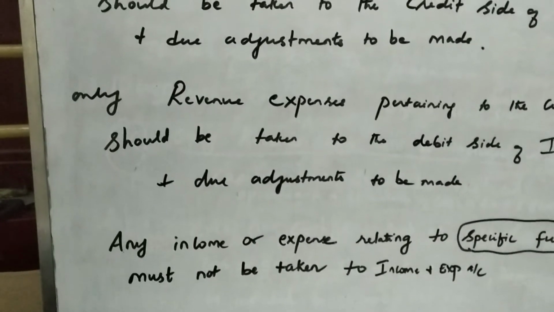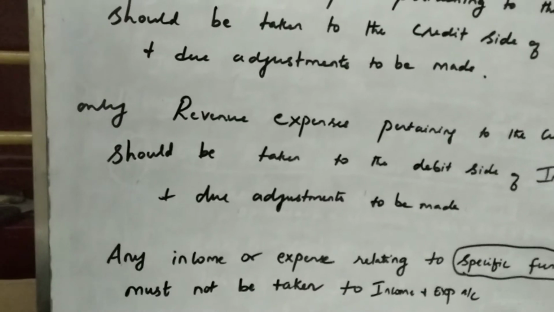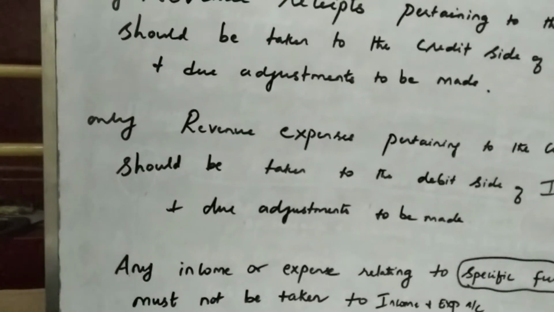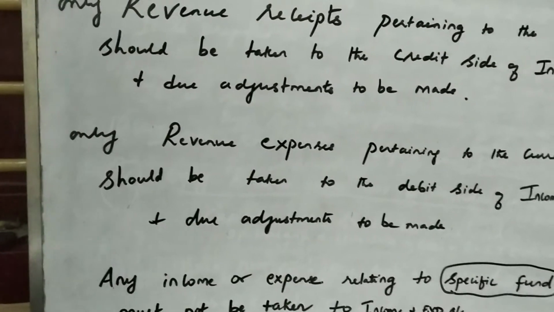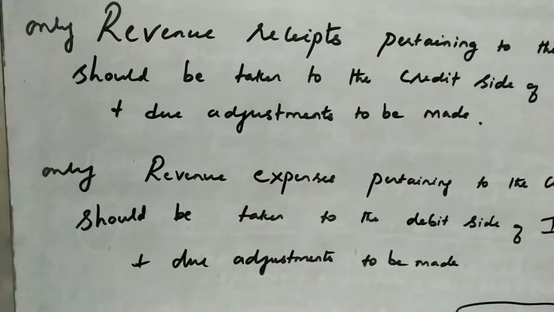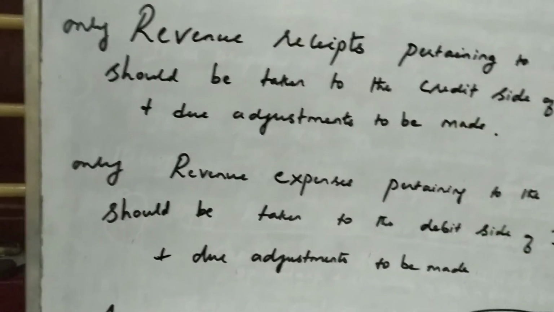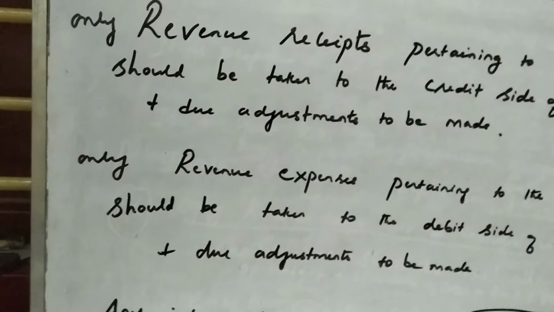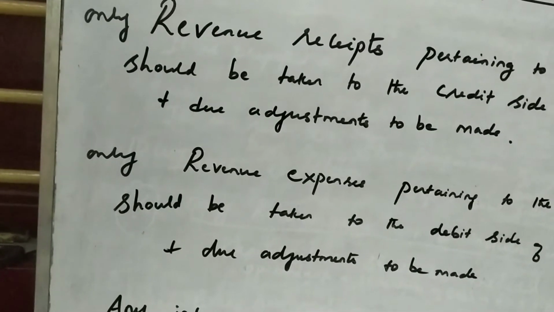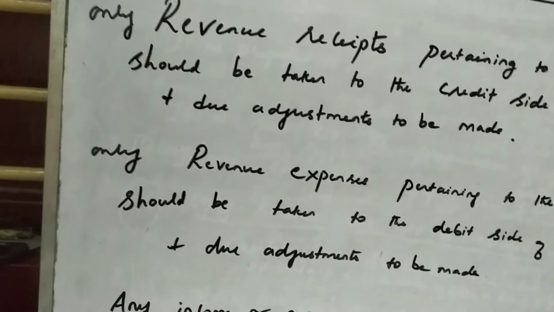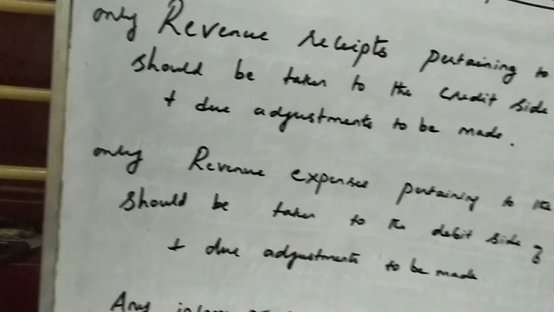Let us now recall what are the important points we need to remember for the preparation of income and expenditure account. Shall we do the recap now? First one, opening balance and closing balance of cash in hand and cash at bank will not come in income and expenditure account. It should be excluded.